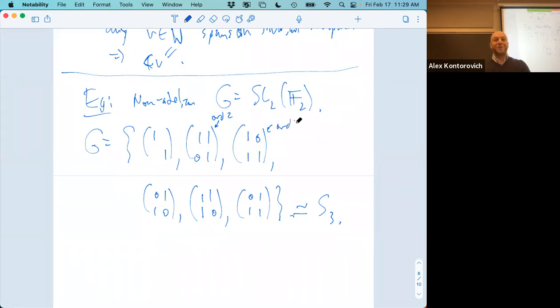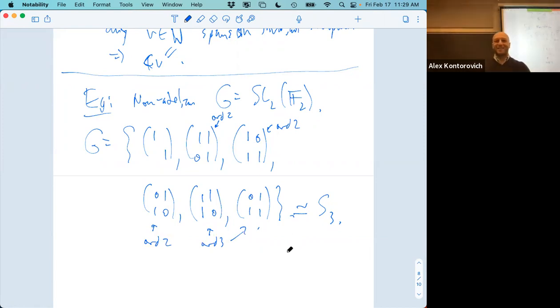How about this guy? Order 2. Well, so these two must have order 3. You multiply this by itself, you don't get the identity, but you multiply it one more time, you do. It really matters whether your zeros are on the main diagonal or not.